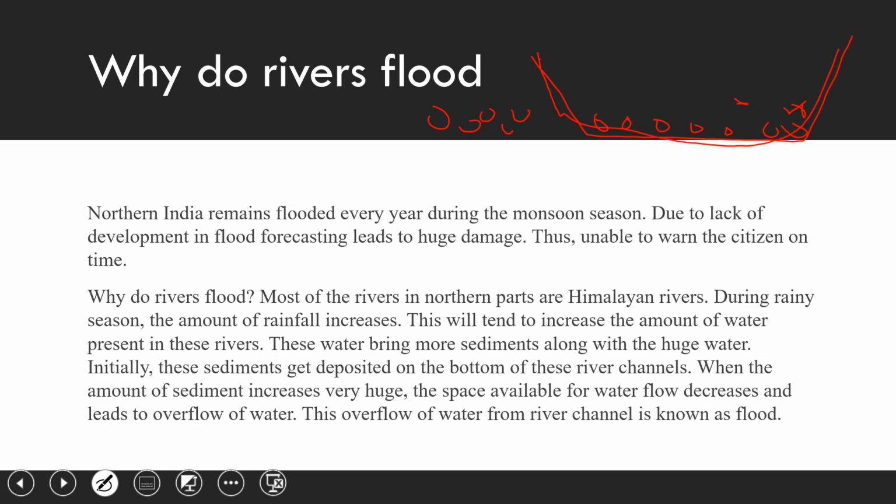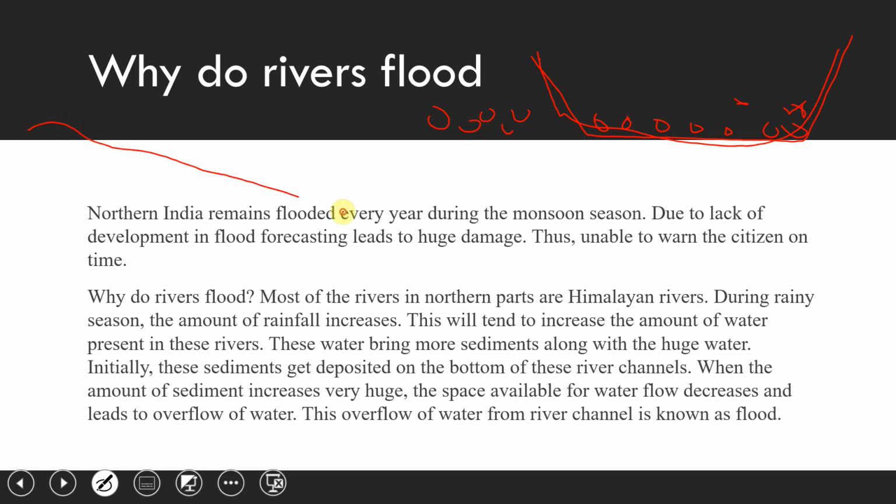Now when the monsoon comes, the speed of the river flow will increase because the water level will increase. Or even if there is no monsoon, if the water level is increasing, the speed of the river will also increase. As we know, a river flows from a high level to a low level. Anything, whether water or electricity, flows only because of potential difference.